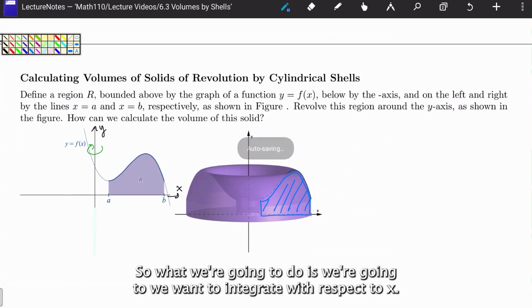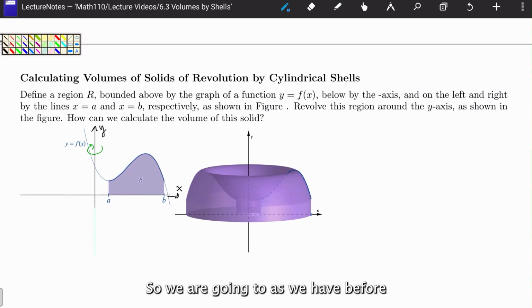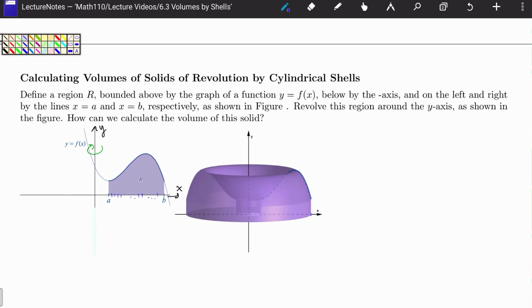So we want to integrate with respect to x, since this curve has y defined as a function of x. As we have before, we take our interval from a to b and divide it up into n equal subintervals.